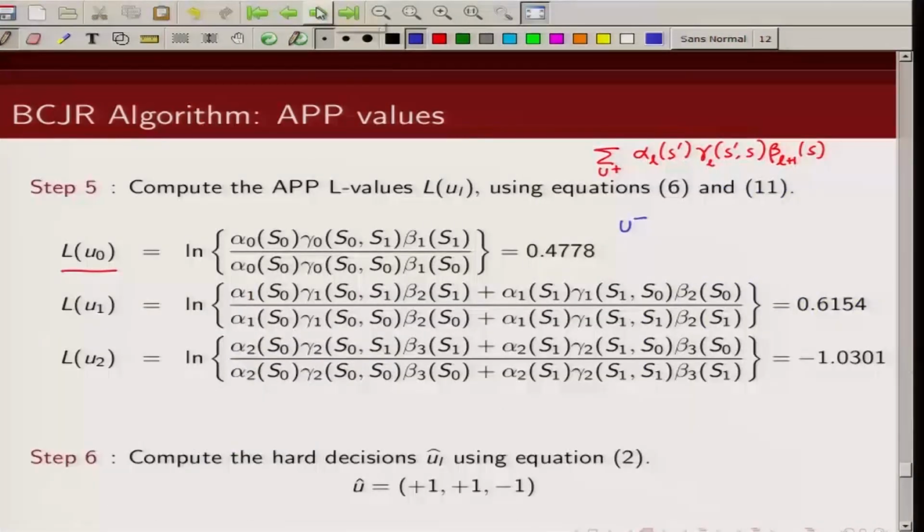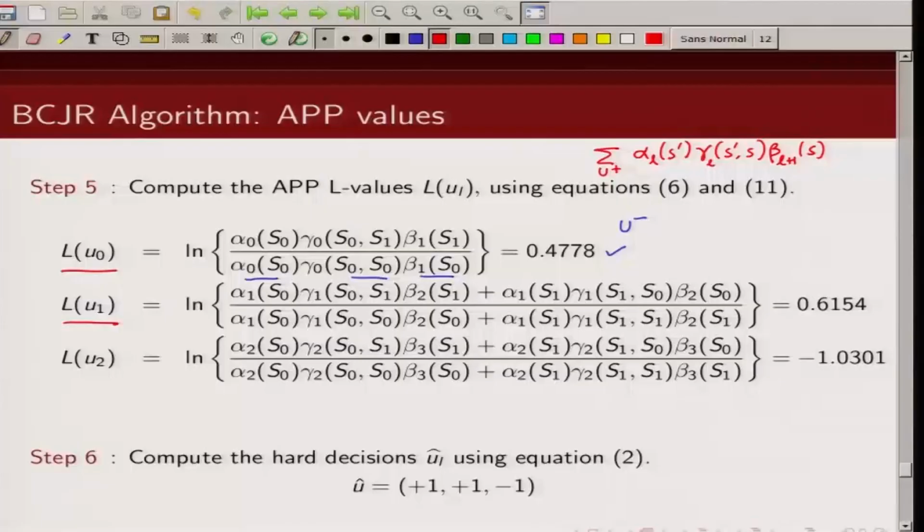So, we can then calculate the a posteriori L value. Now, let us take another example, for the second time instance.